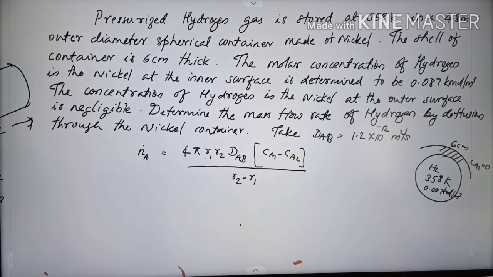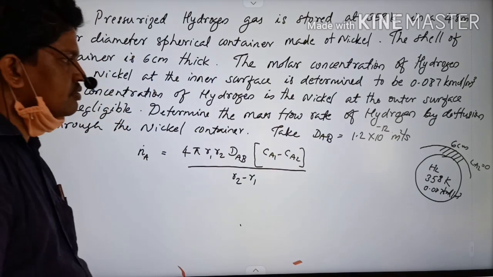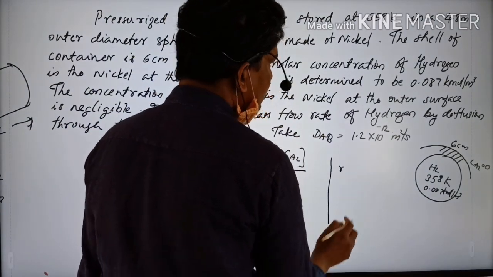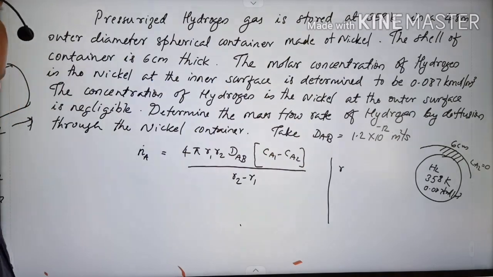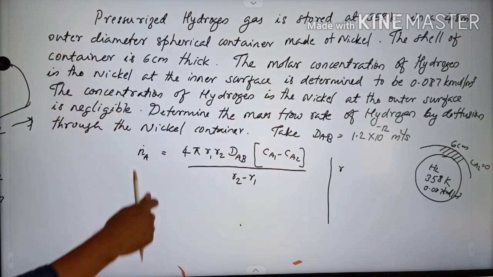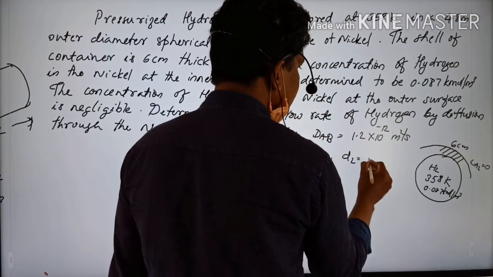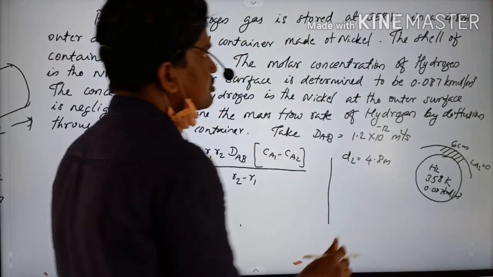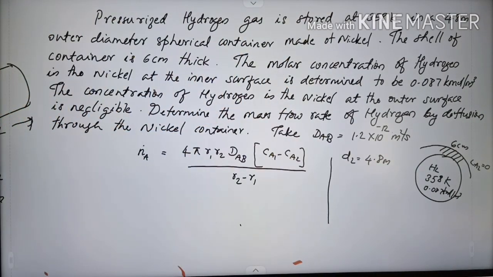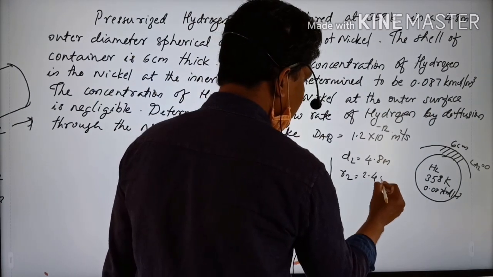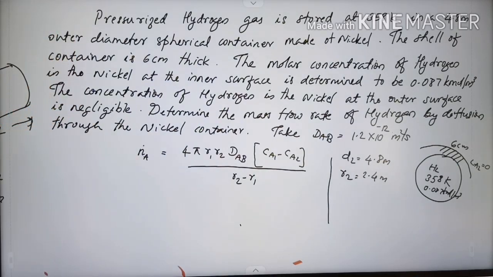Okay. So here the inner radius is given. The outer diameter is given, that is d2 is 4.8 meter. Therefore R2 is equal to 2.4 meter. Then the thickness is given as 6 centimeter.